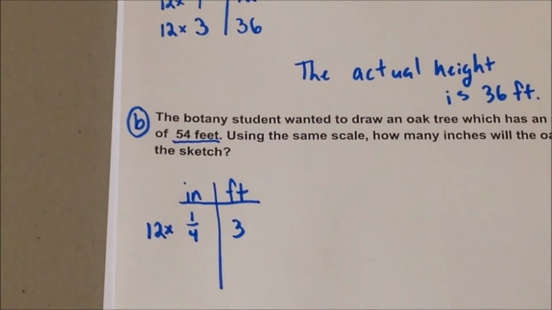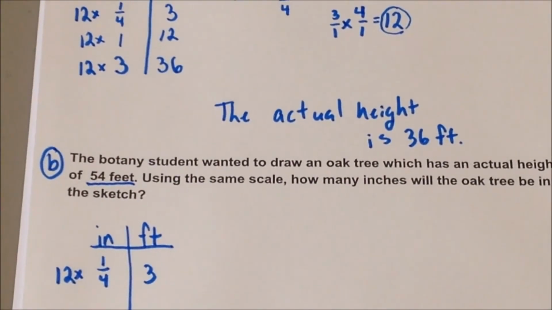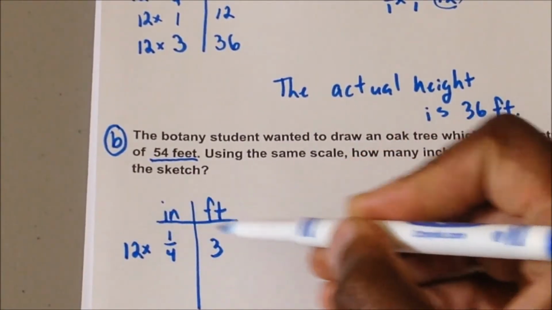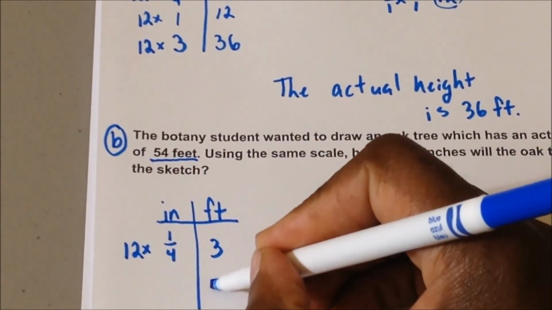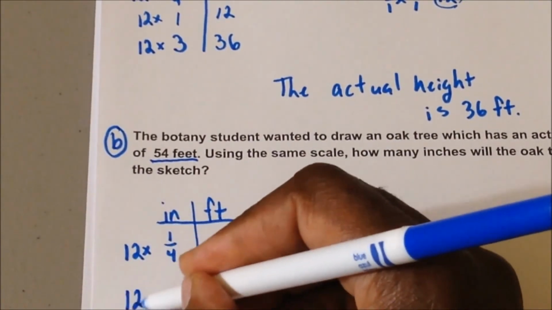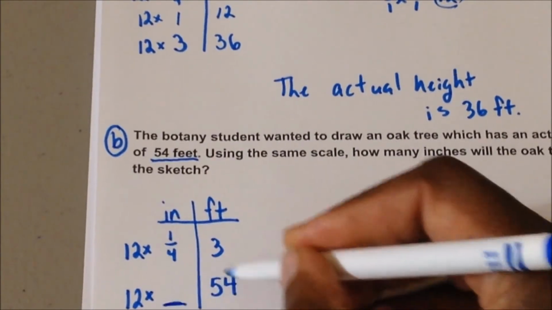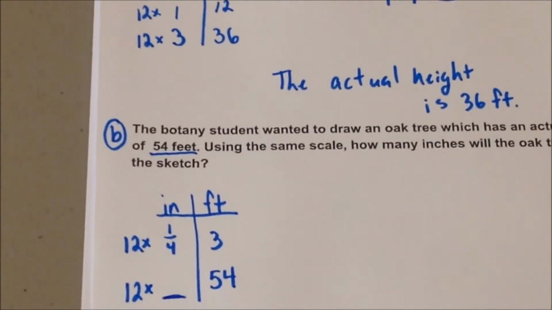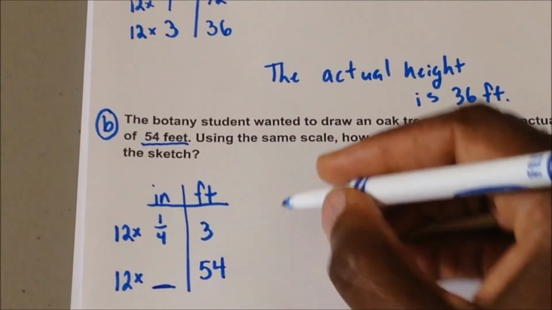Well, now we have to find out. We know that it's 54 feet, so that goes in the column that has feet. We're looking for the number that 12 times gives me 54. To figure that out, let's do division.